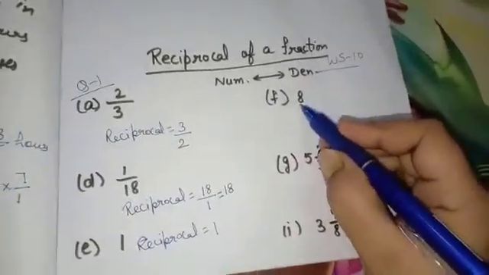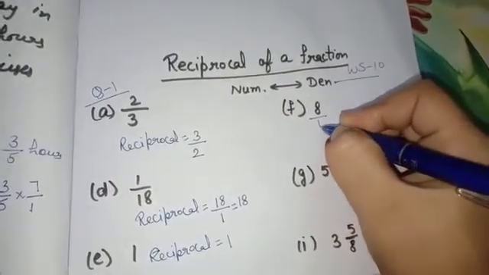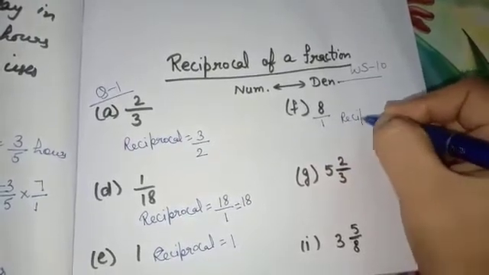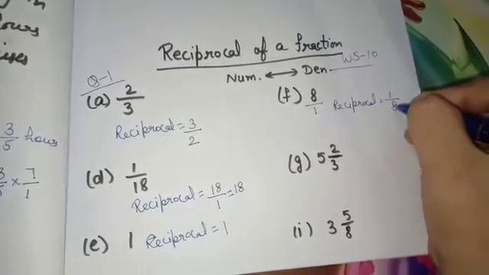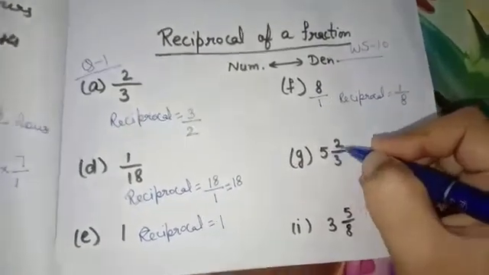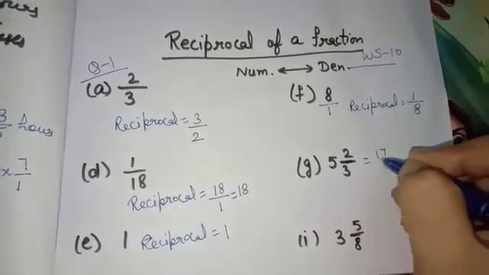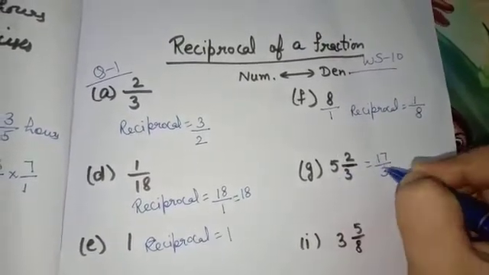8. The denominator is nothing here, so we will write 8/1 first. Then find its reciprocal. It will be 1/8. 5 2/3: 3 5s are 15 plus 2, 17/3. It's the mixed number to improper.